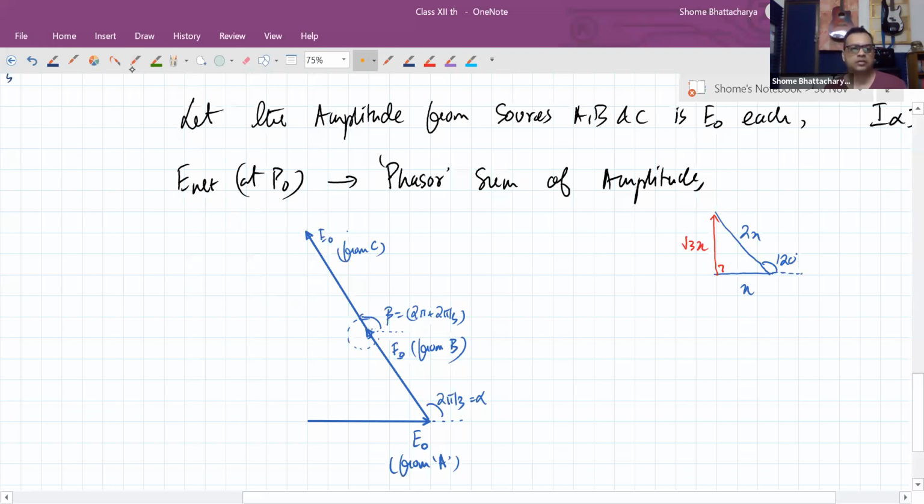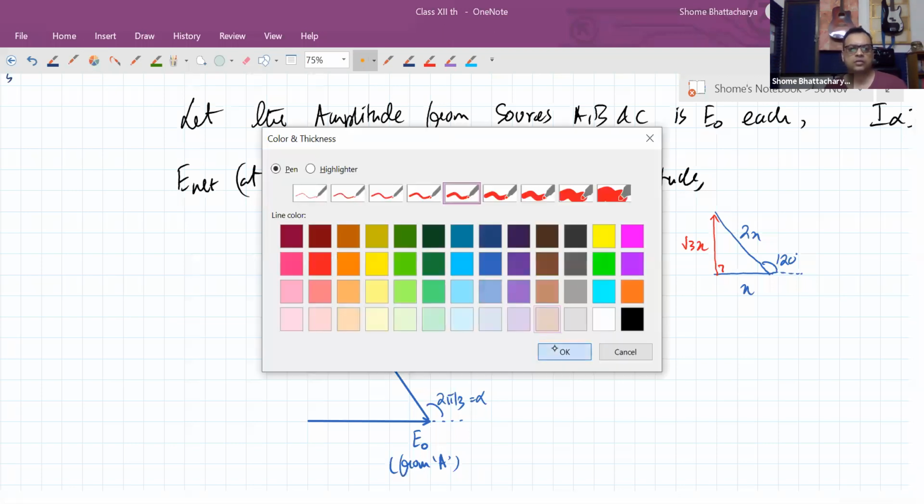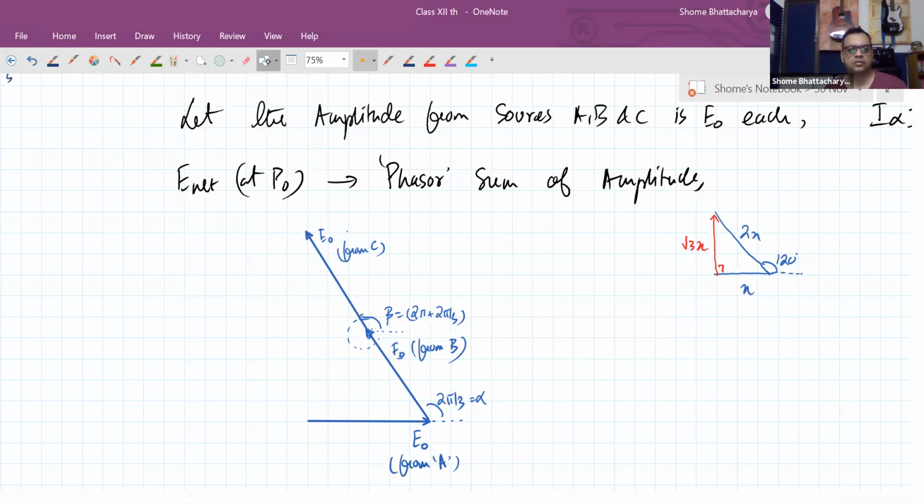Okay, so with your understanding that it is that particular triangle we are talking about, see that the net amplitude will become like this. It will be root 3 now.